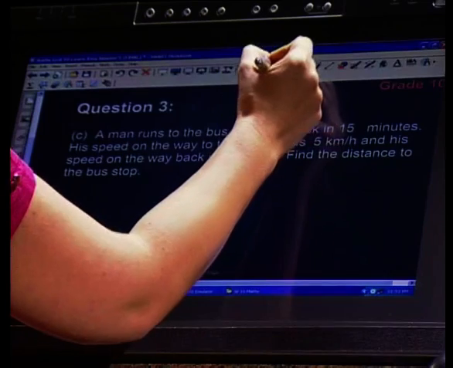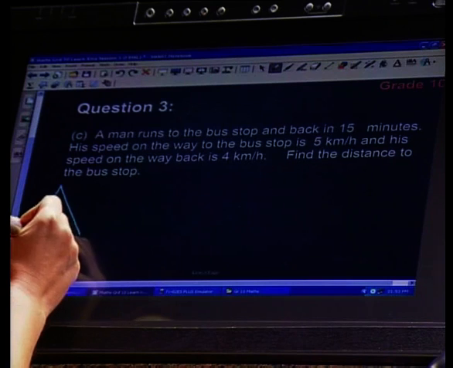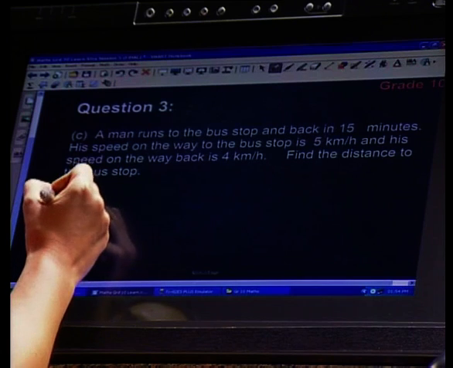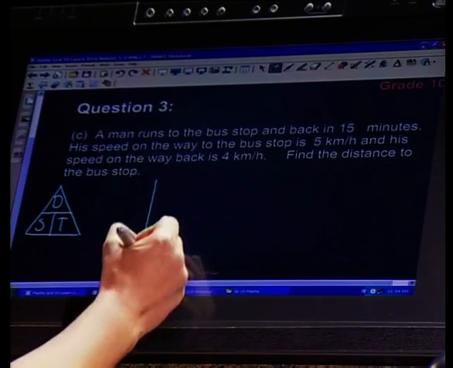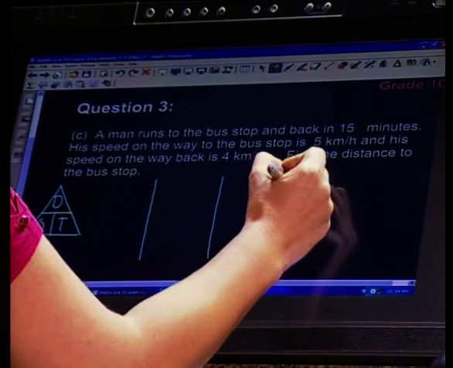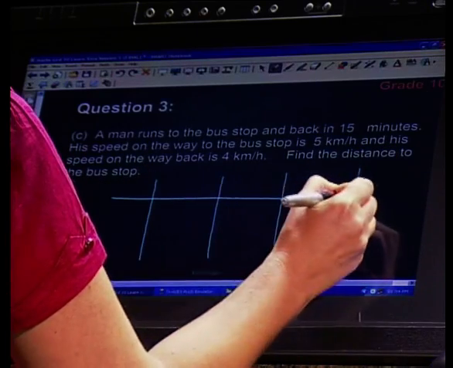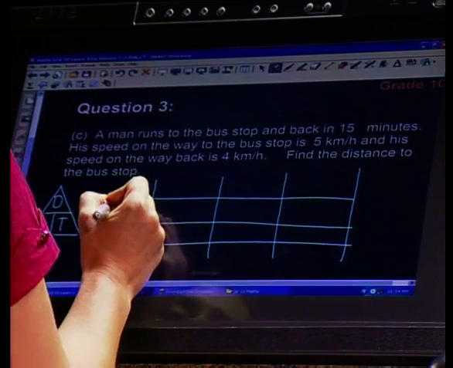Okay, the first thing I'm going to do is remind myself of what the triangle looks like. Speed is equals to distance over time, and then I'll draw a rough table for myself. Nothing too fancy, just enough to get the information in.